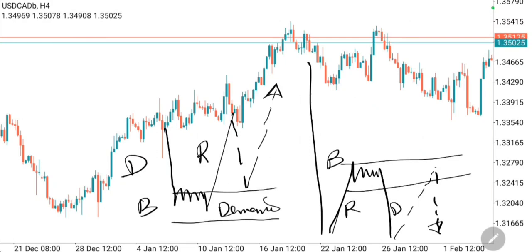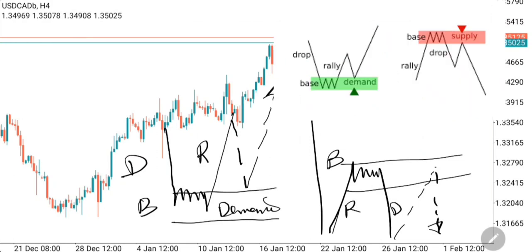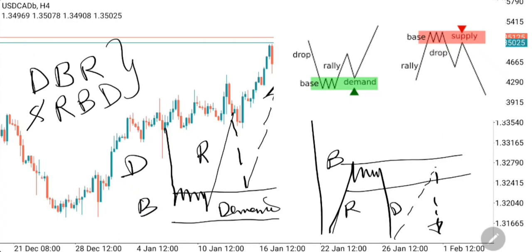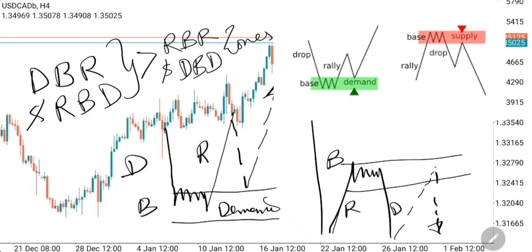So these drop base rally and rally base drop zones are of a higher probability than the rally base rally and drop base drop zones I showed you before.